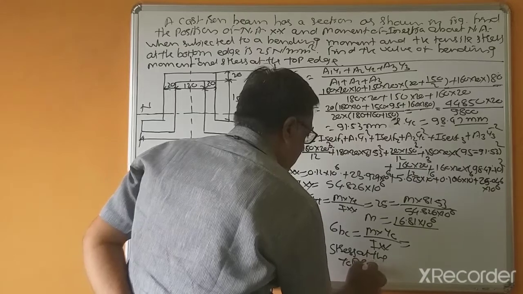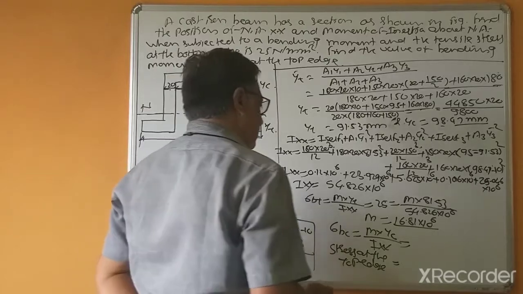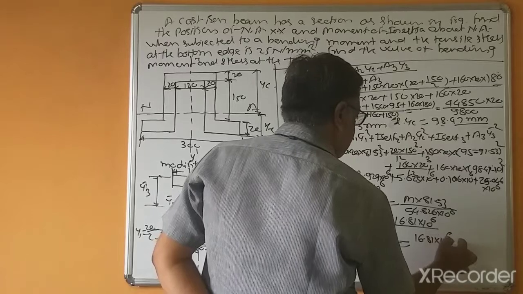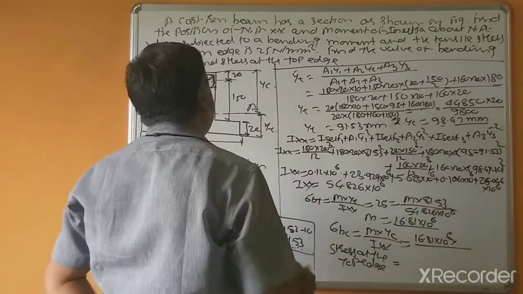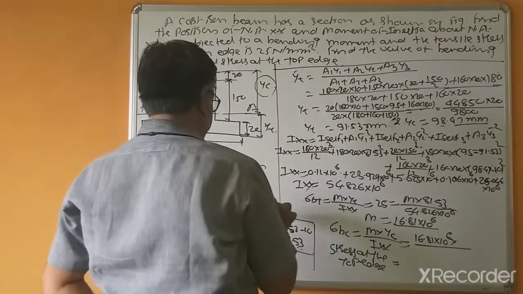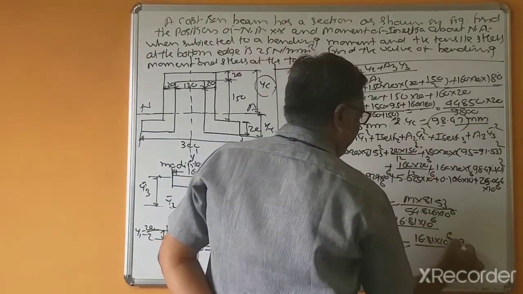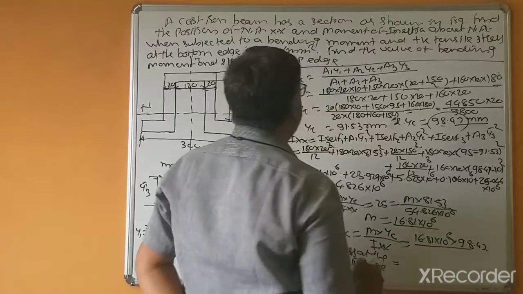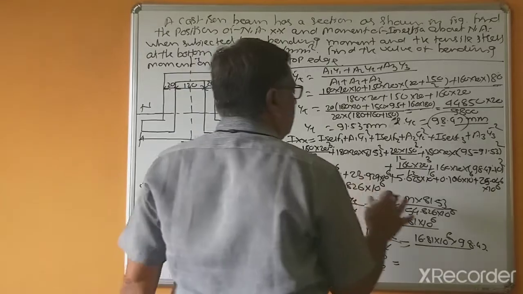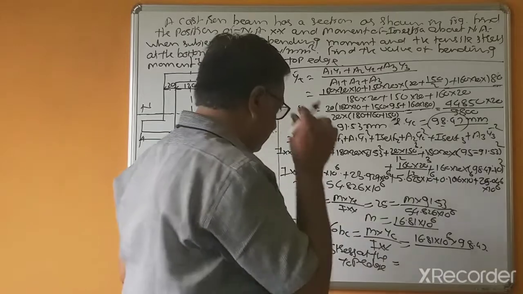M equal to 16.81 into 10 to the power 6, YC equal to 98.47. Oh, sorry, I am making a mistake here. This is not 81, this is 91.